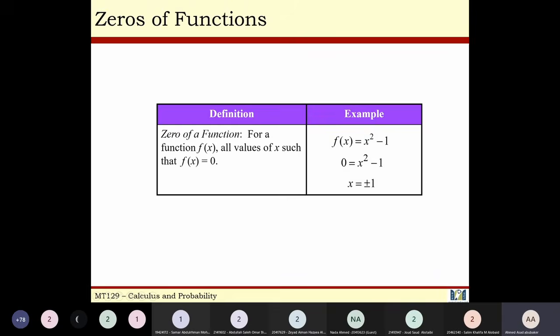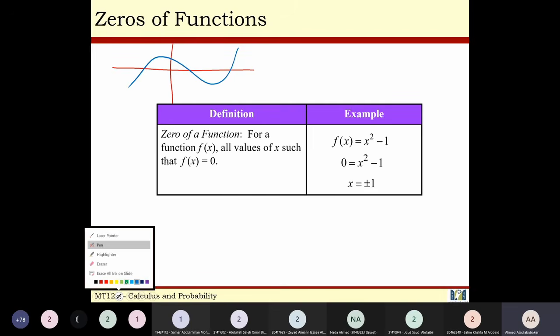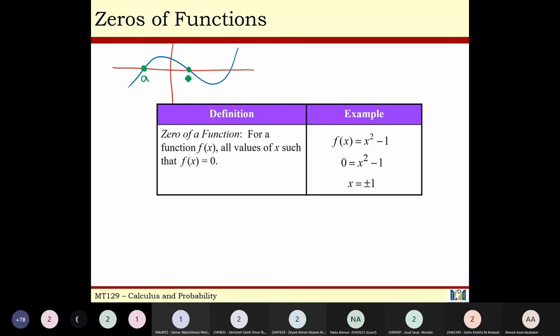If we have, for example, this graph, so we have zeros, for example, at A, at B, at C. So f(A) equals 0, f(B) equals 0, and f(C) equals 0.